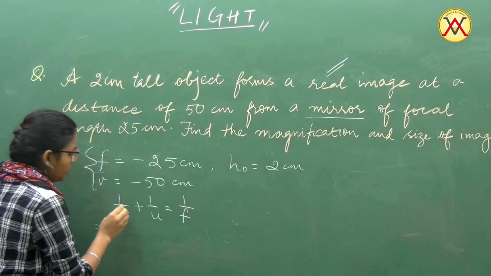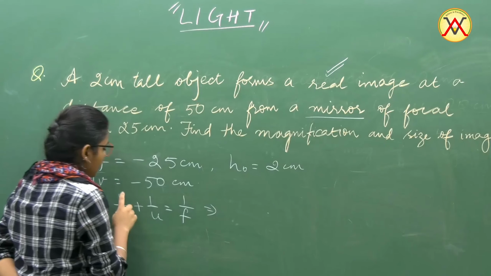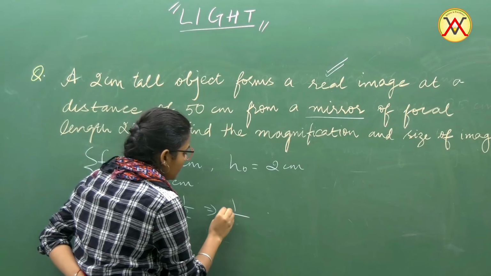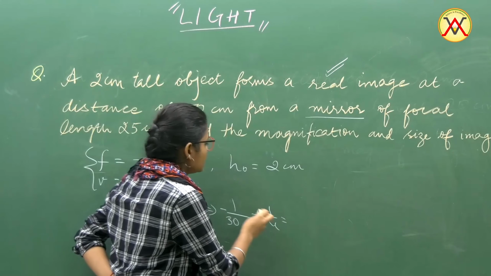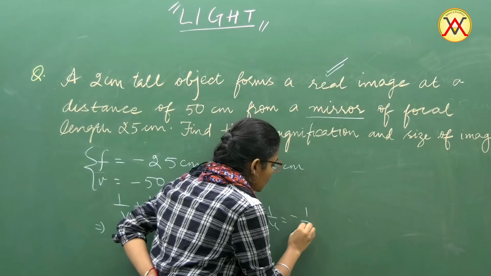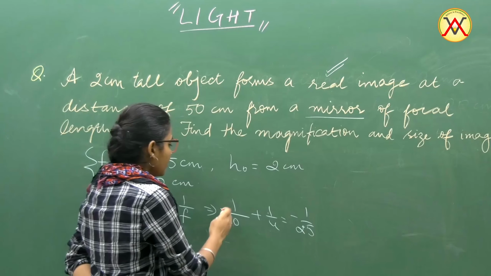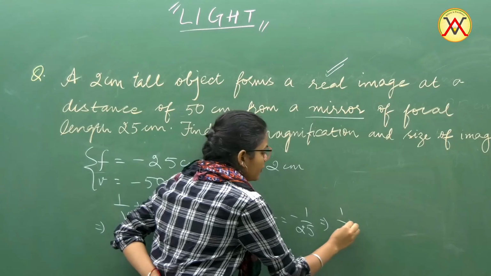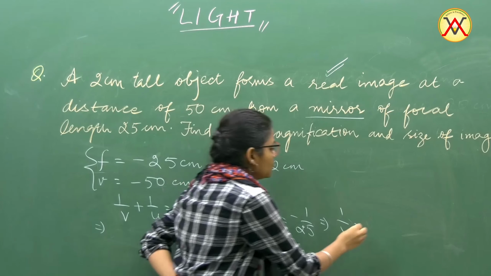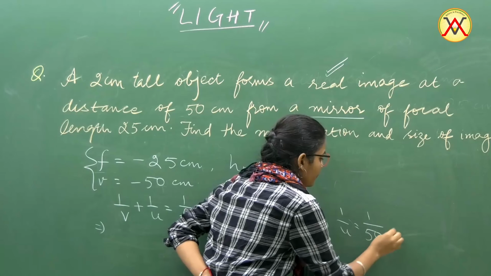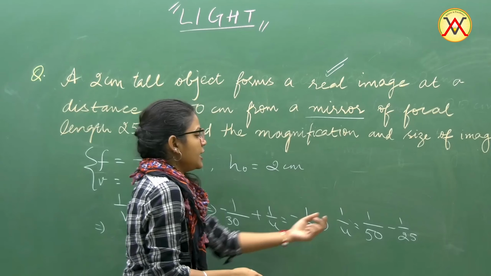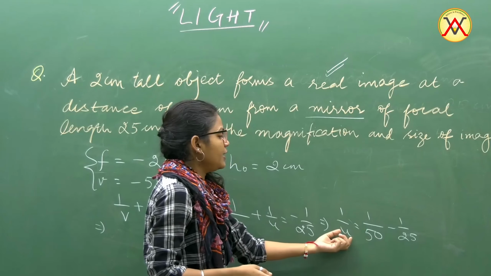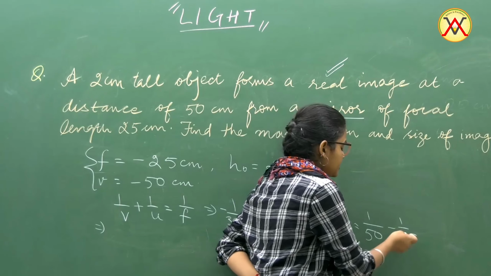From here, 1 by v plus 1 by u equals minus 1 by 25, with v equal to minus 50. If we just rearrange it, we will have 1 by u equals, take the LCM and you will have the value of your object distance.